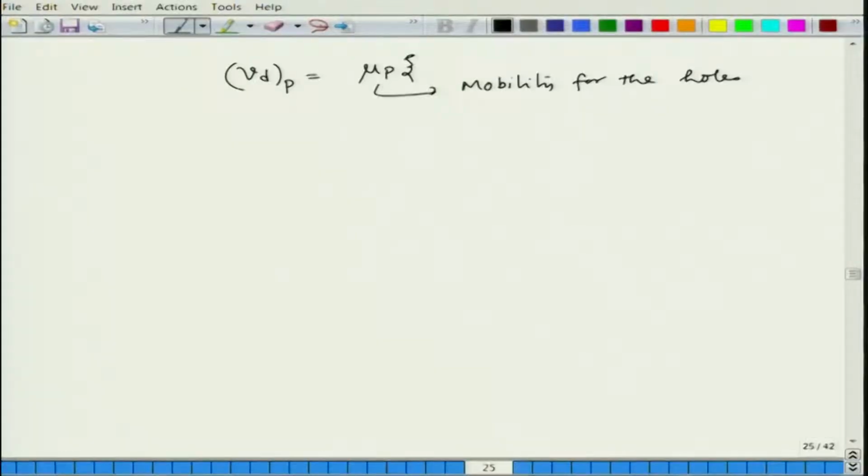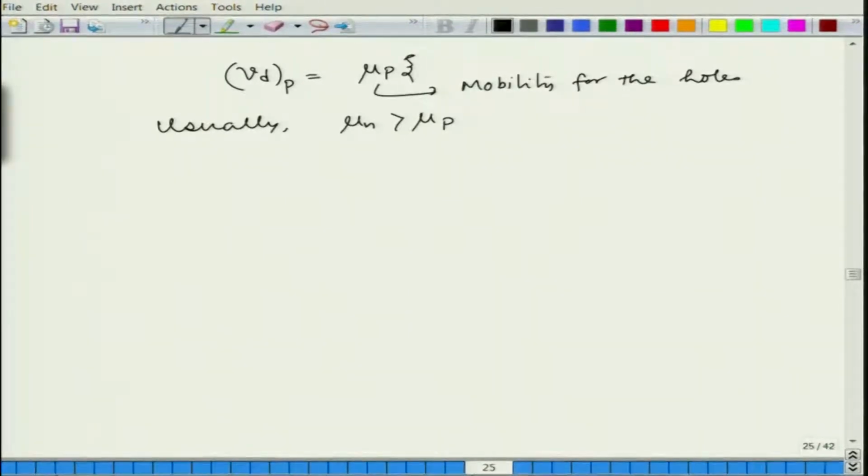So, mu n and mu p do not have to be equal. Usually mu n is greater than mu p.